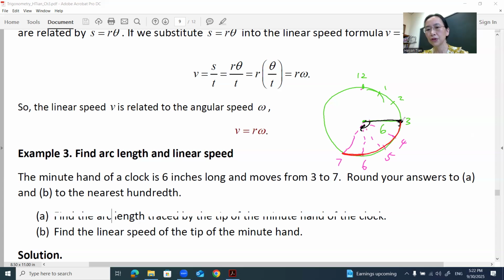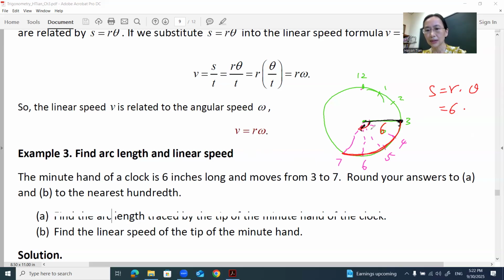So that's the portion traced by the minute hand from 3 to 7. So how long is that? It's the arc length formula. So S equals radius times theta. But remember, theta is in radians. So radius is 6 because that's the length of the minute hand. That's the radius. And theta is this angle here.